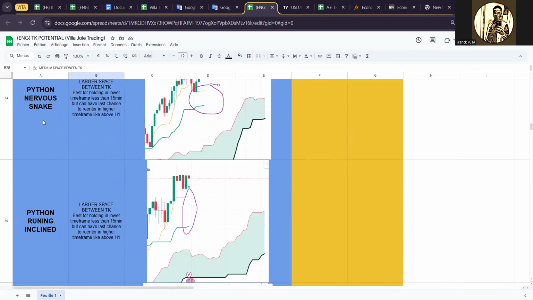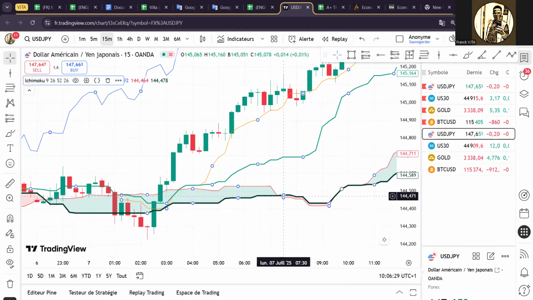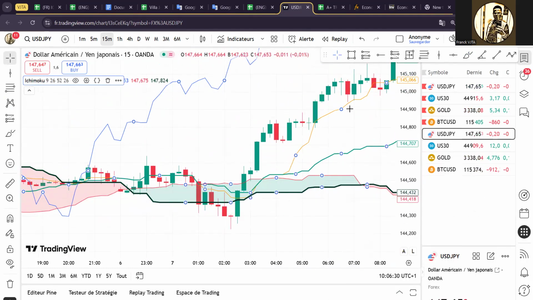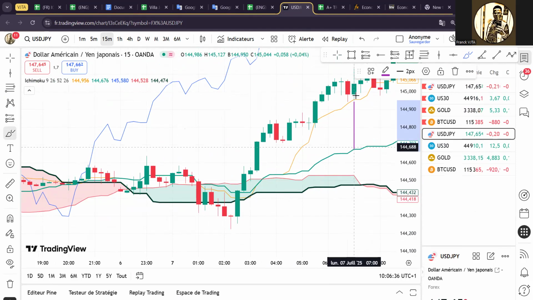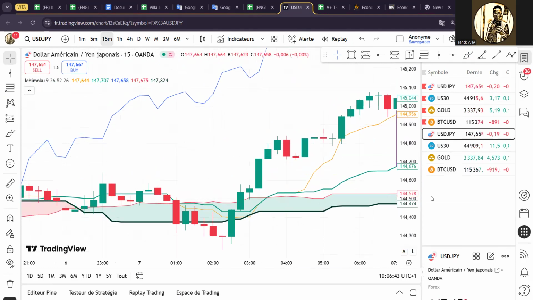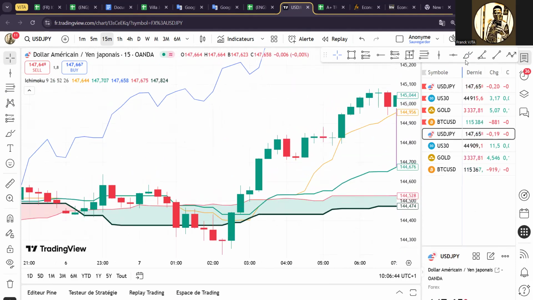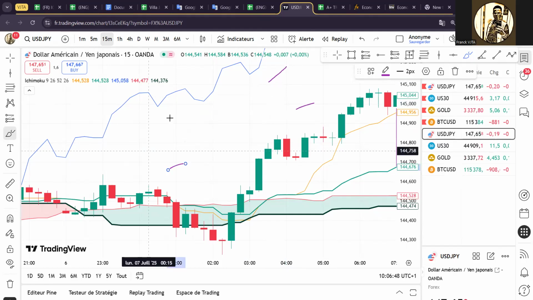So you have the Python navel snake. Python navel snake just means that the separation, the size between Tenkan and Kijun, is very big. But Tenkan and Kijun are showing you inclination, both of them. They are showing inclination, but the size is big.